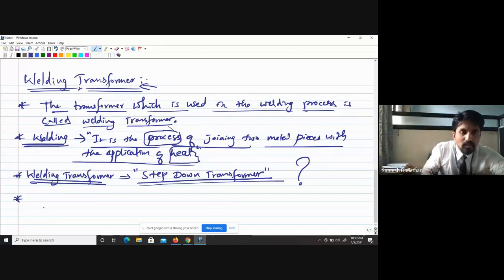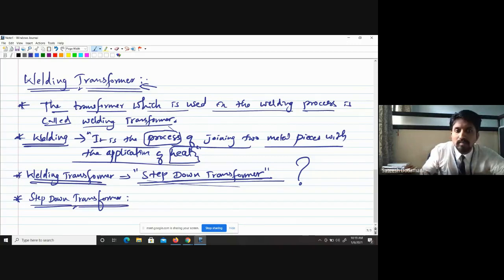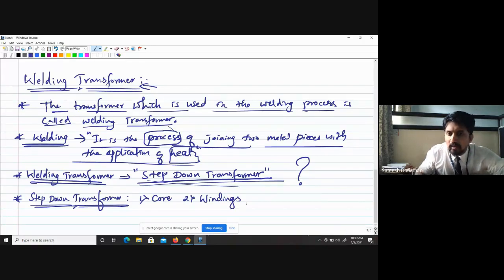Now I will tell you, the welding transformer basically uses a step down transformer. This step down transformer is similar to the transformer we have already seen in the substations. They use step down transformers to step down the voltages. So what all things does it consist of? It consists of the core and the windings, and some other related materials, like the transformer tank.